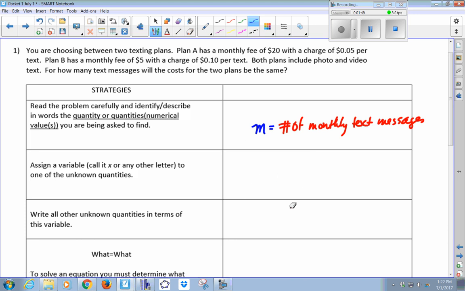What we still need to do is define the cost for each of these companies, but that cost will be defined in terms of this unknown variable. So no others for now, or NA, non-applicable.